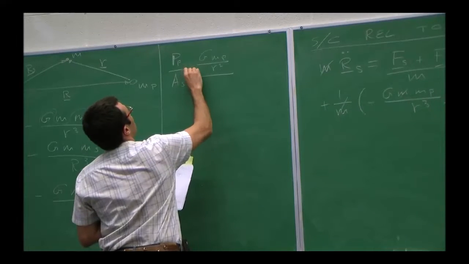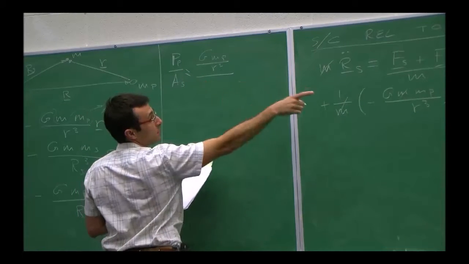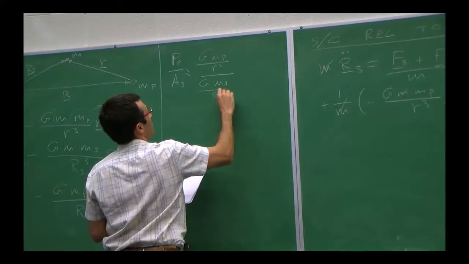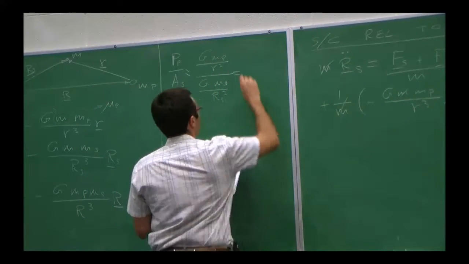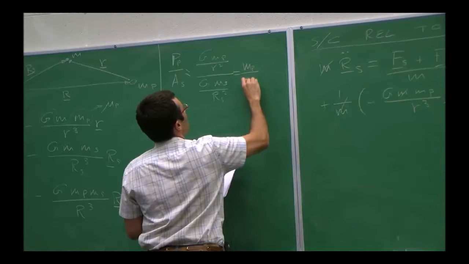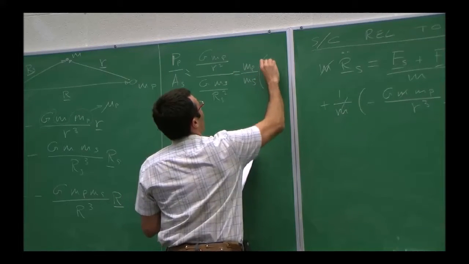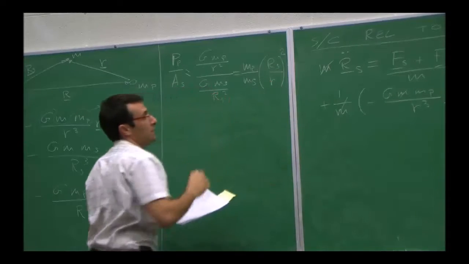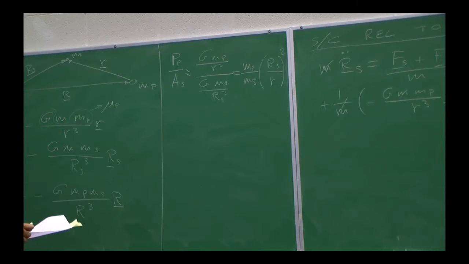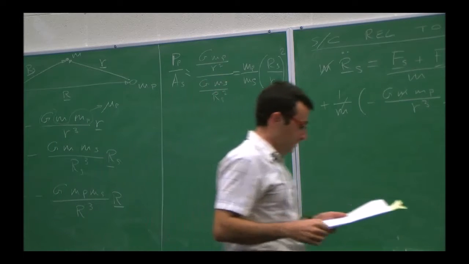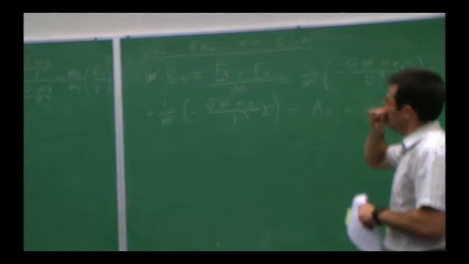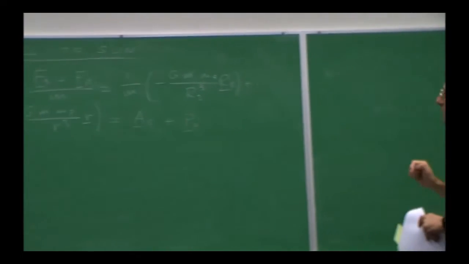And this is divided by the other one, G Ms over Rs squared, where simplified you get Mp over Ms, Rs over little r squared, and we just leave it there. I use that. So this allowed me also to find an equation for this vector, big Rs double dot. I'm going to use it later on.